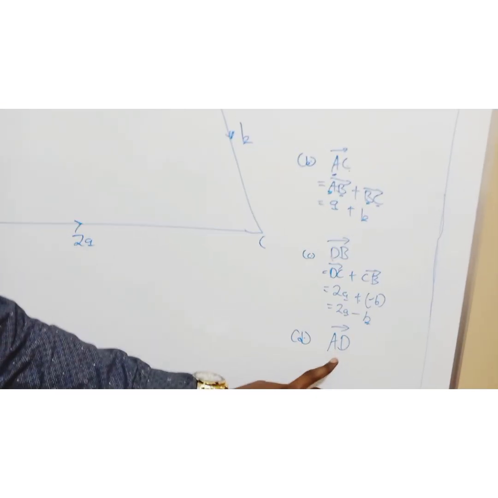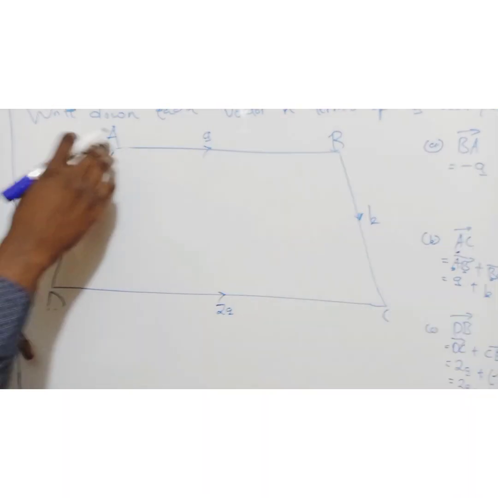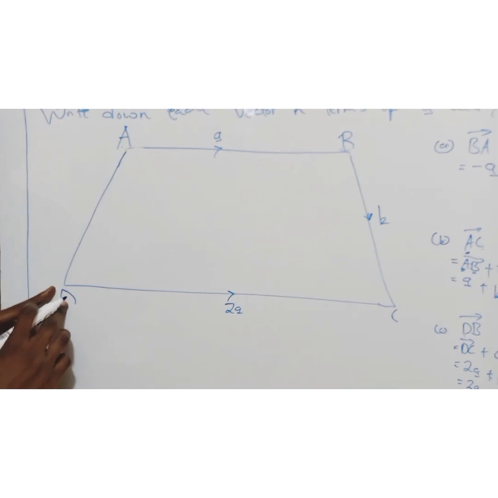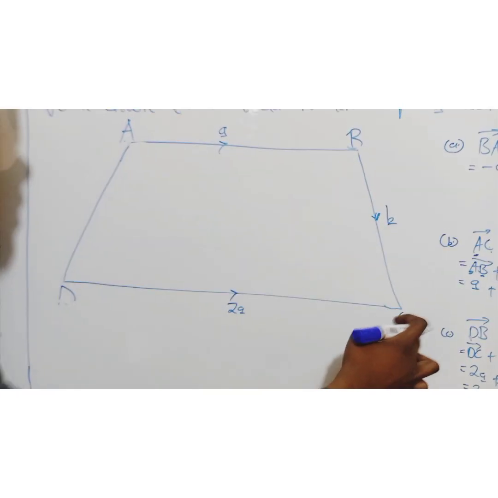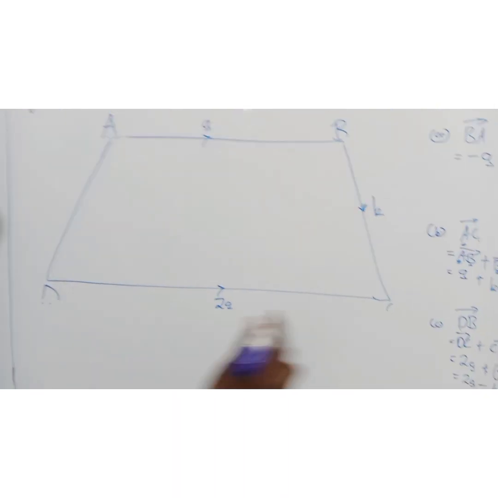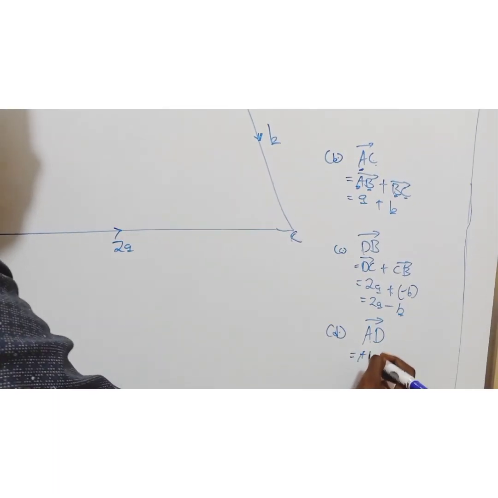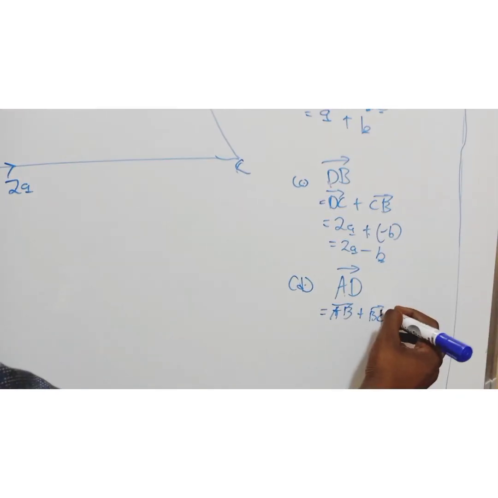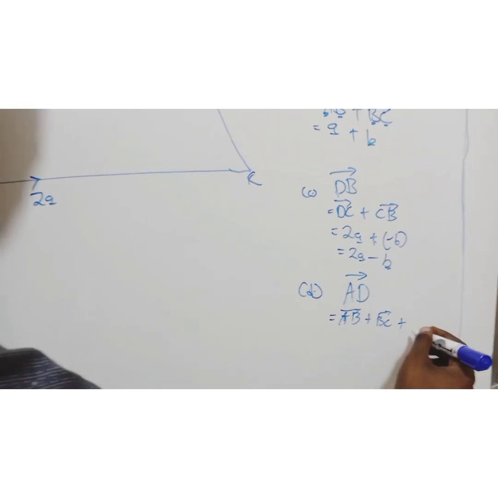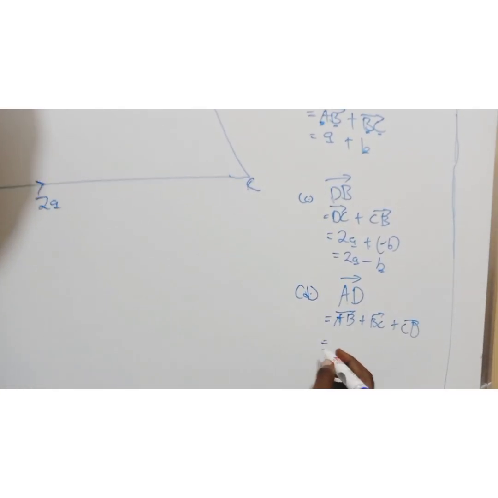So now we have vector AD. So how do we move? It's AB plus BC plus CD. See? So we have AB plus BC plus CD. What is AB?